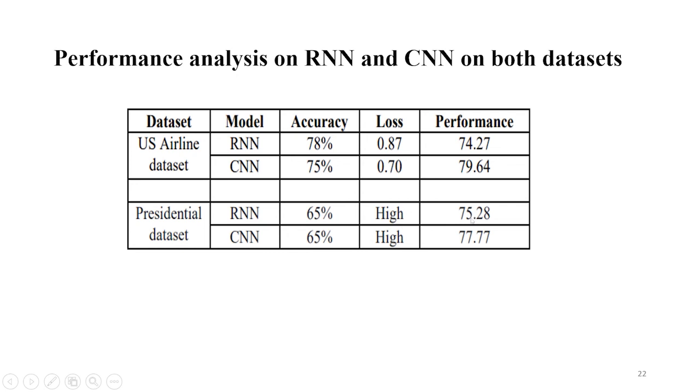From our comparative analysis on RNN and CNN, we have concluded that CNN gives comparatively better performance than RNN, but still these two loss values are not satisfactory in the case of RNN and CNN. So there are future research directions proposed to improve the performance.